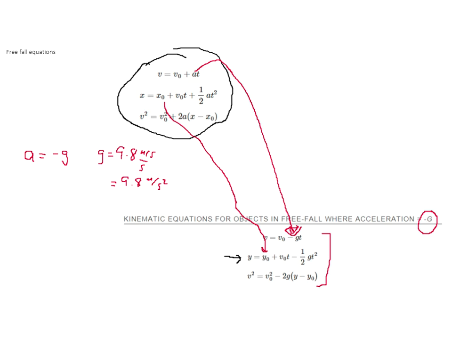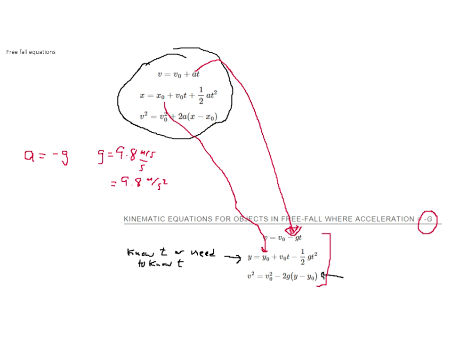Notice that this one includes time, but it doesn't include velocity. So typically, when you know time, or you need to know time, you're going to use that one. Let's just focus on time.